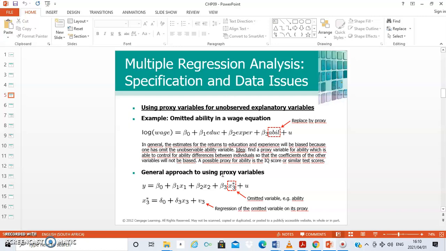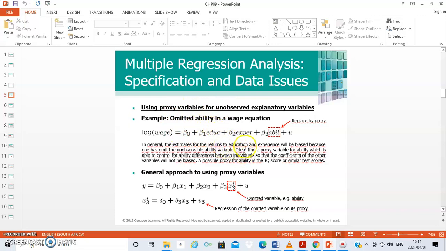But now what happens if we have unobserved explanatory variables? Usually in that case, that would constitute an omission of a relevant variable. So we have an example here where we are looking at the wage equation, where we want to estimate the return to education and experience on remuneration.